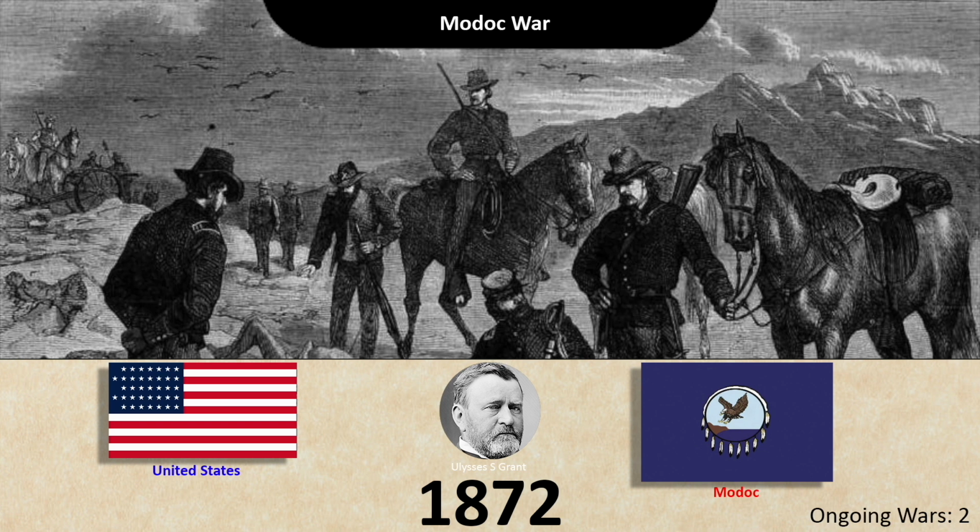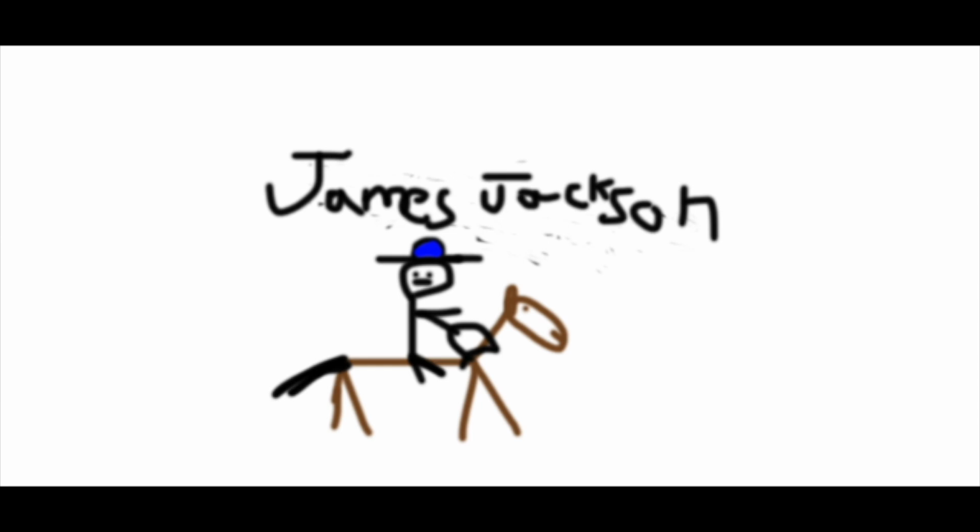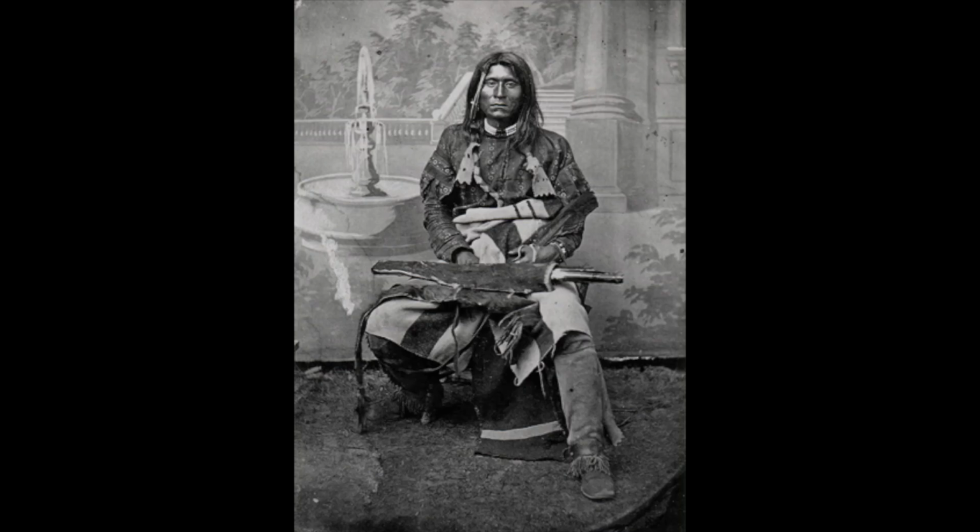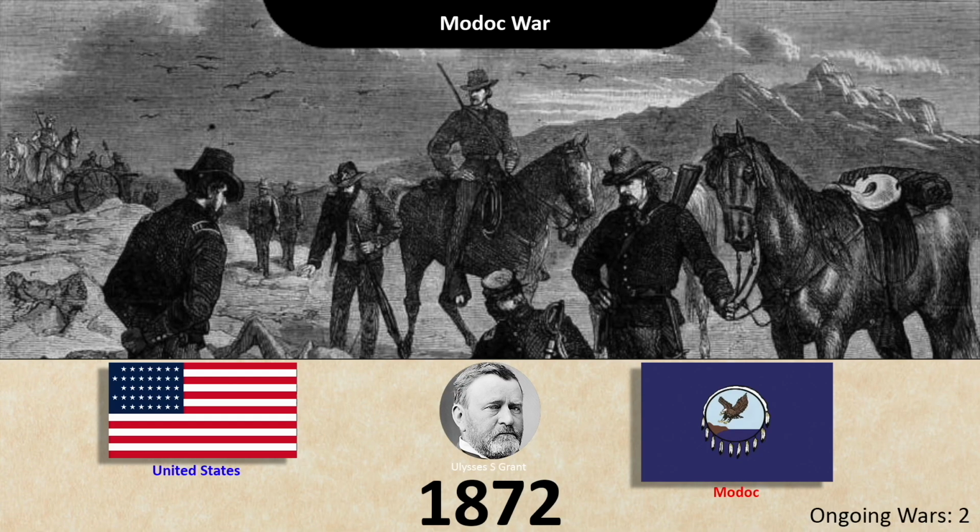However, things would become tense when the captain of the soldiers, Captain James Jackson, would order the chief, Captain Jack, to surrender his weapons. And the chief was alarmed at this command. He didn't understand why he had to surrender their weapons, but he finally agreed to put them down, and the rest of the Modoc warriors began to follow his lead.